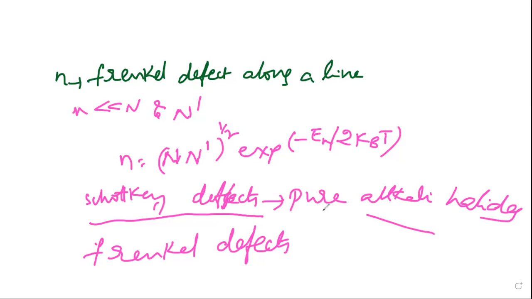The condition for Schottky and Frenkel defects is n equal to (N N') to the power 1 by 2 exponential of minus E_n by 2kT. Lattice vacancies are also present in alkali halides when they contain additions of divalent elements.